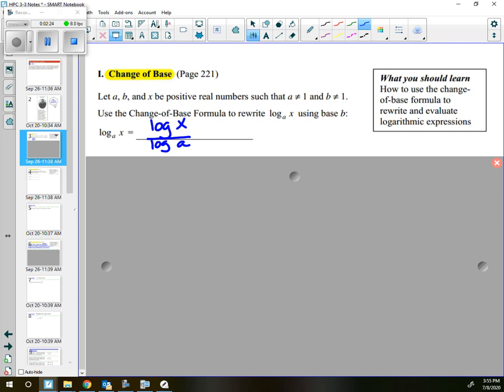You have a base 10 key on your calculator. Also equivalent is natural log of the argument over natural log of the base. So you can rewrite any one of these formats. You can even change it to any other base that you wanted to: log base b of the argument over log base b of your original base a.